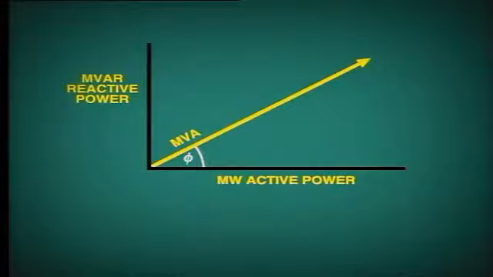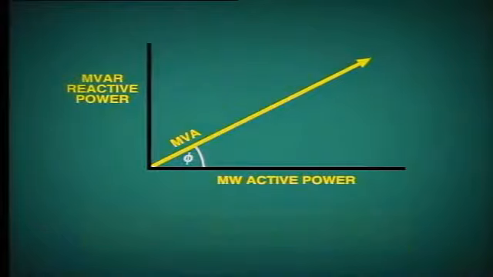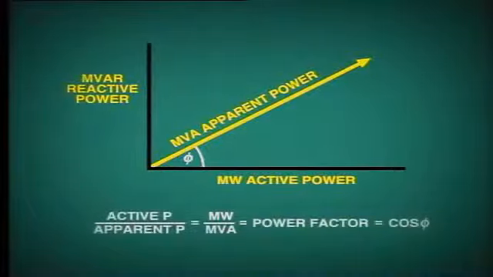You will remember that in a DC circuit, if we multiply volts times amps, we get power in watts. However, in an AC circuit, volts times amps, VA, gives us apparent power, as it is a combination of vars and watts.